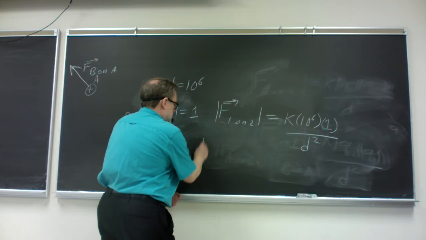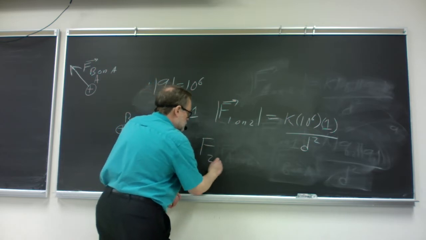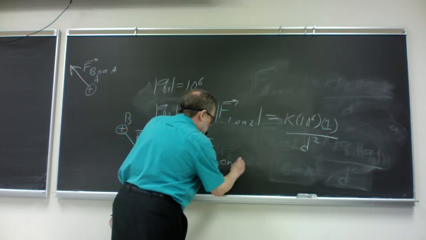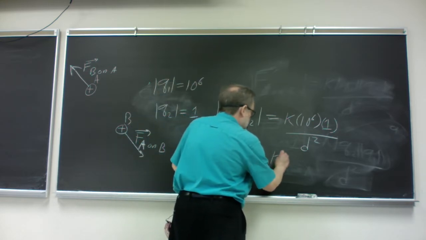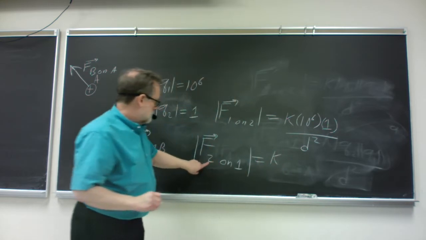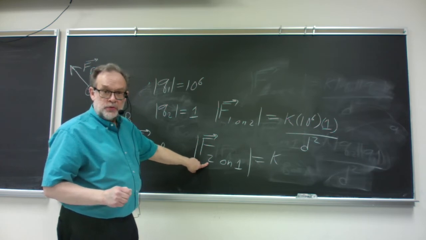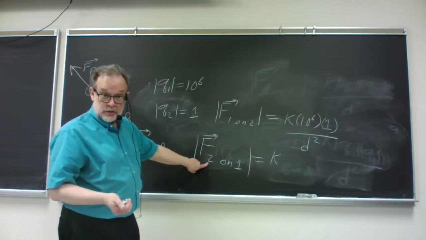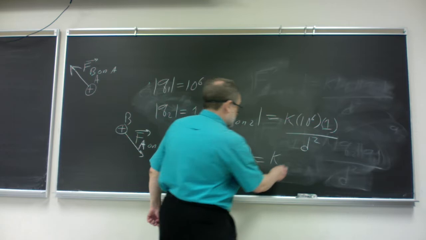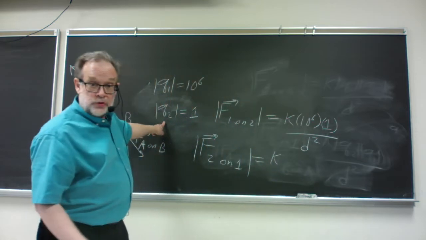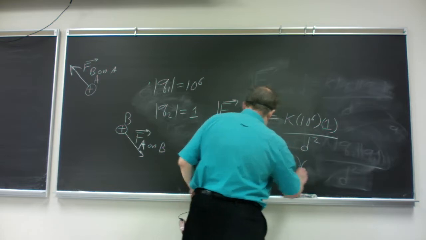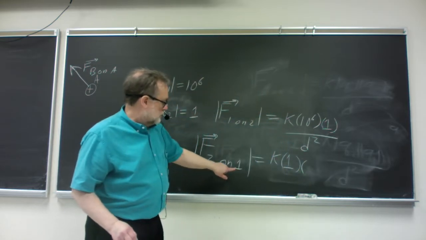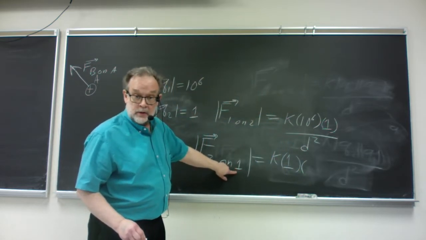And then flip it around, the force from 2 back on 1 has a magnitude equal to K, magnitude of the source of this force, magnitude of Q2, so that's 1, times magnitude of the charge that is feeling the force.